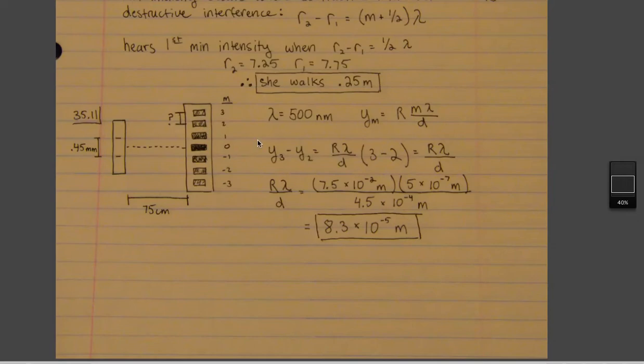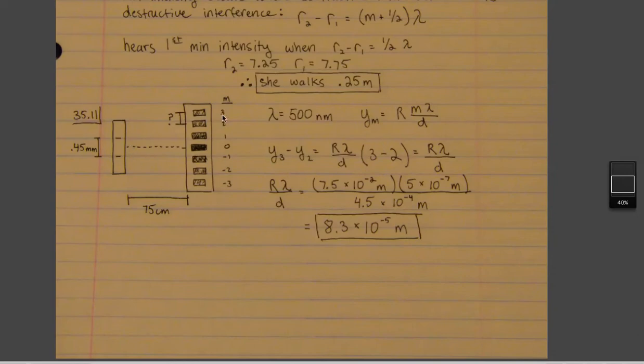The equation from the point m equals 0 to the center of band y sub m is equal to the distance between the slits and the screen, multiplied by the m number, meaning 1, 2, 3, the integer number of which antinodal curve you're talking about, multiplied by lambda, the wavelength, all divided by the distance between the two slits, which is 0.45 millimeters.